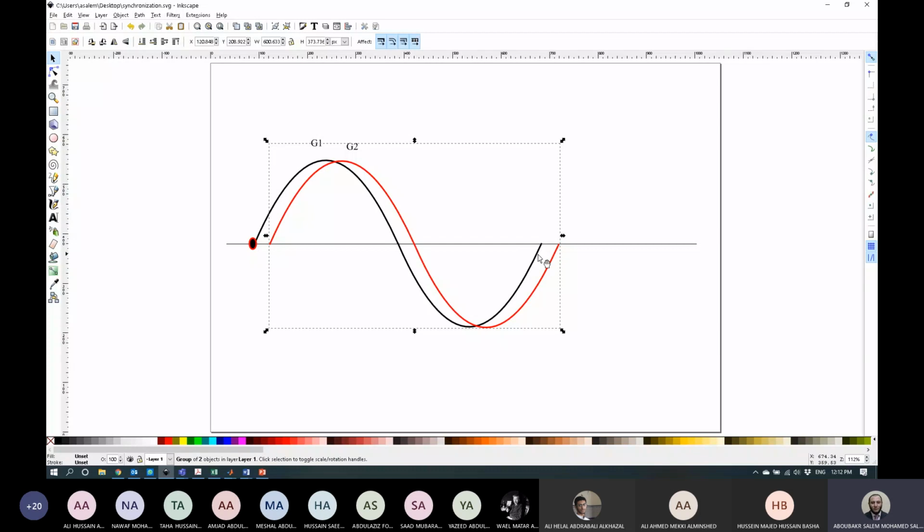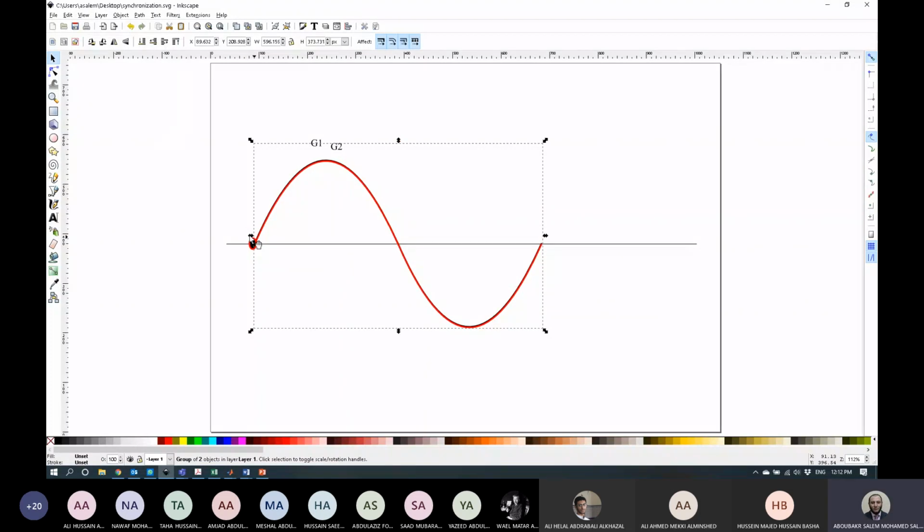Can you imagine, guys, if we change the frequency now, like that for instance, what will happen to the zero crossing at the end? They will be equal to each other. Exactly. However, the beginning is different, so the frequency changed. So we have to increase the frequency again.